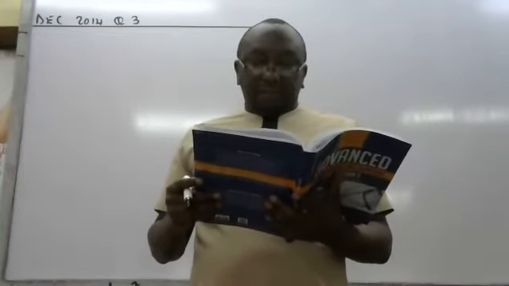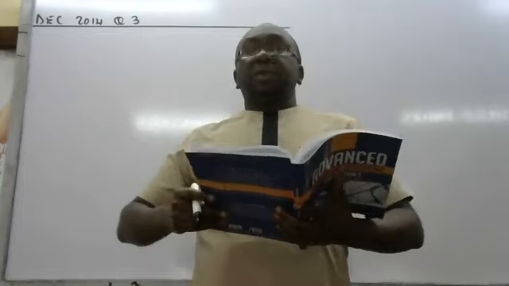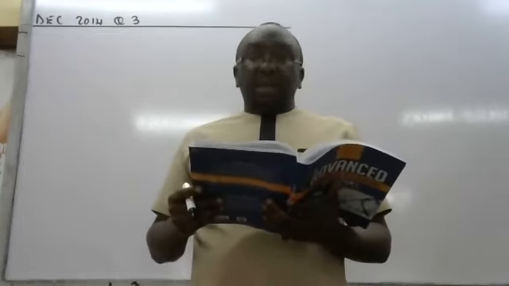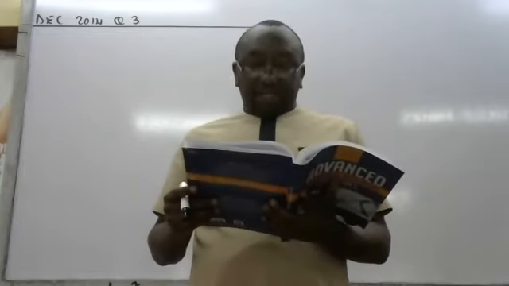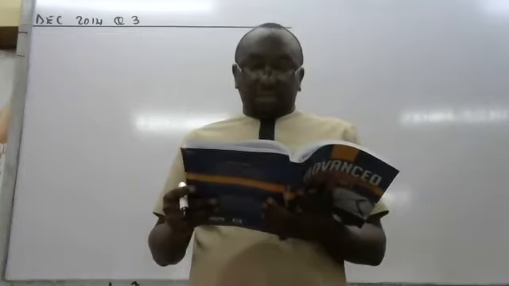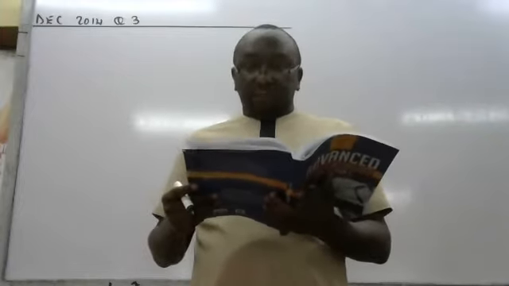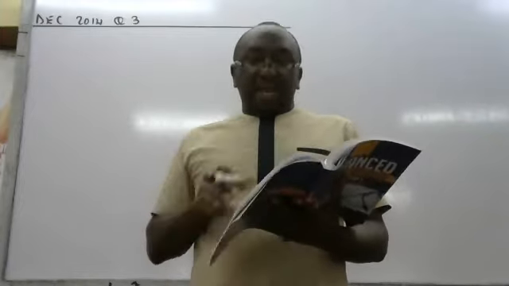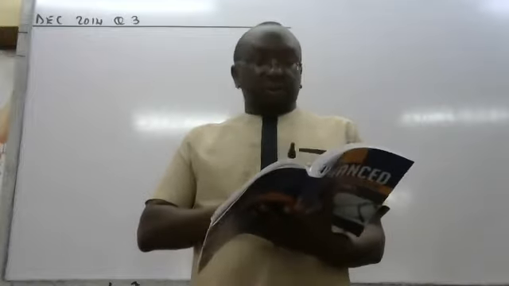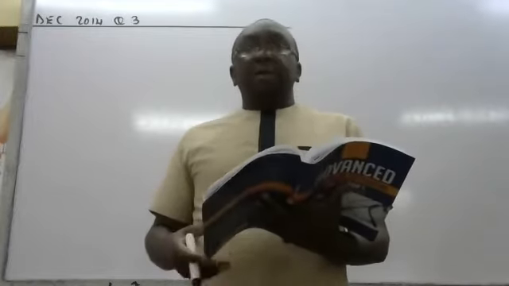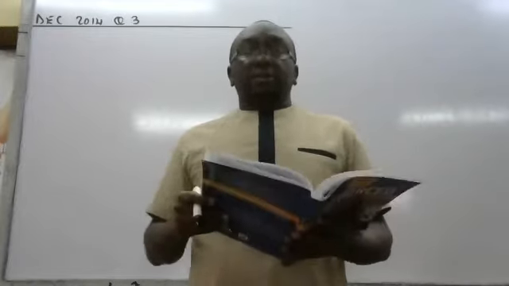With reference to performance evaluation decisions, explain the following terms. Number 1 is responsibility center, number 2 is investment center, and number 3 is responsibility accounting. I think we have those things in the notes, but maybe quickly we can make short notes.